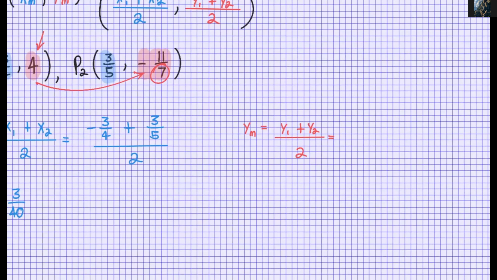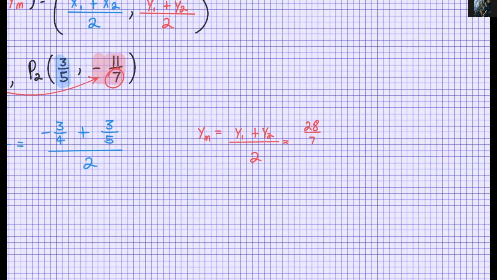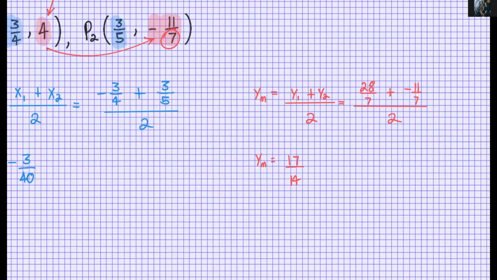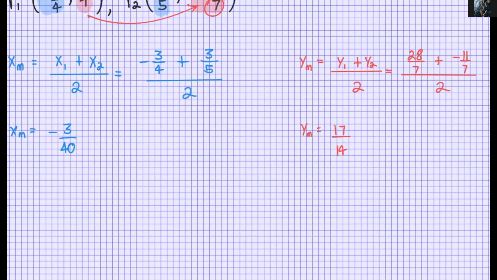So this will be 28/7. Right? This is my 4, and then plus, and I have a negative 11/7 here. And everything will be divided by 2. So the y coordinate for my middle point will be 17/14.